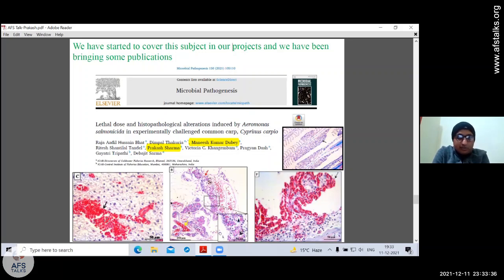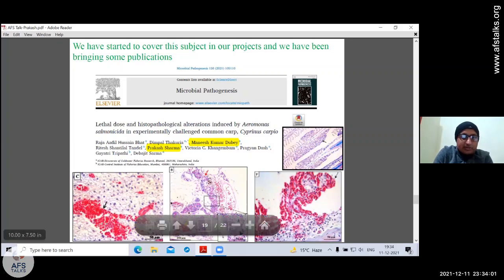This was the first histopathology study I did at DCFR. Interestingly, we got some findings: the congestion of sinusoids with red blood cells, which I am showing here with the cursor, and the solid arrow indicates the sinusoid congestion with red blood cells.